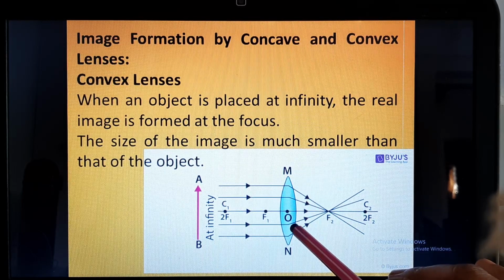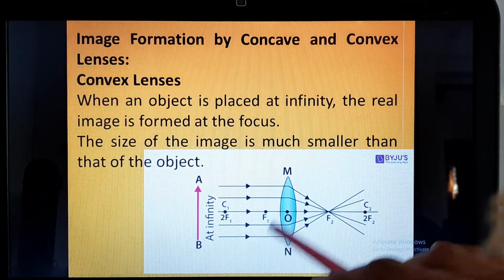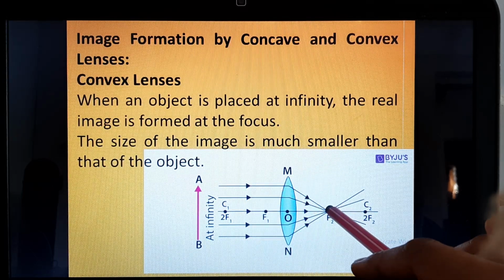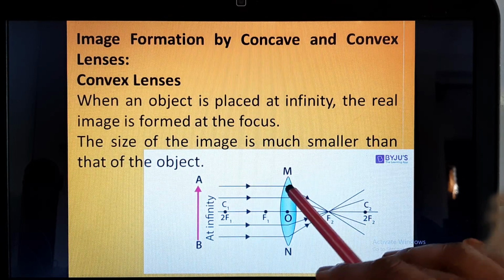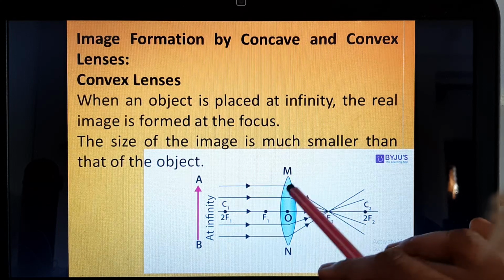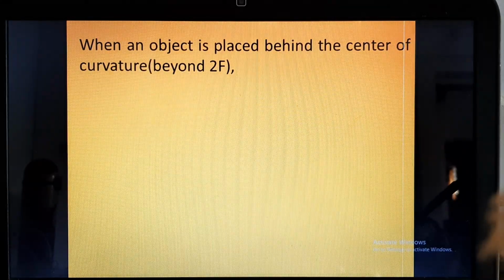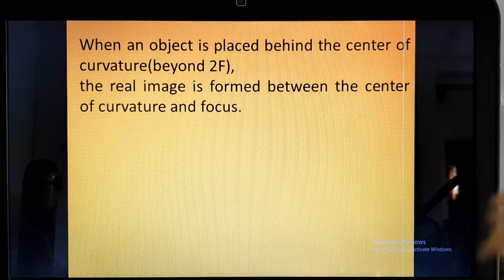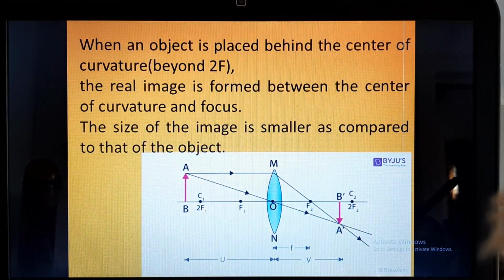In the case of a mirror, what was happening? All the rays were reflected back, so beyond the mirror there will be no ray, but in a lens rays can pass through the lens. So here these rays are real. Now, when the object is placed beyond the center of curvature, or beyond 2f as given in our book, the real image is formed between the center of curvature and focus, and the size of the image is again smaller.